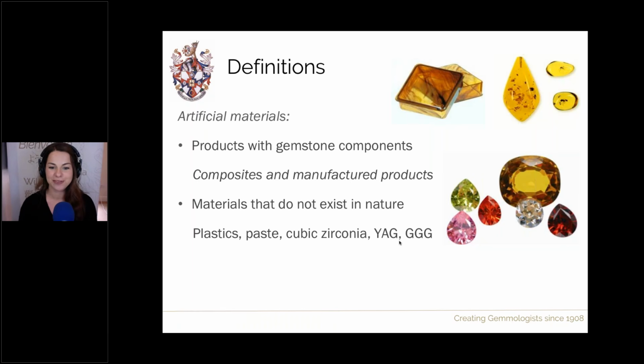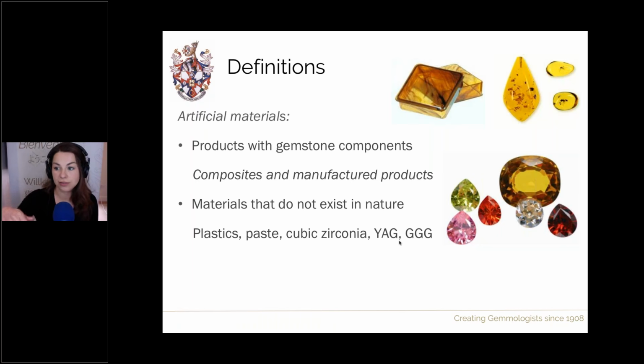So that's our second group, so materials that do not exist in nature. And everything that I've mentioned so far, the main use is for imitating other gems most of the time. So these really are very easy to identify for a gemologist because they have their own unique set of observations that we can identify the material from.